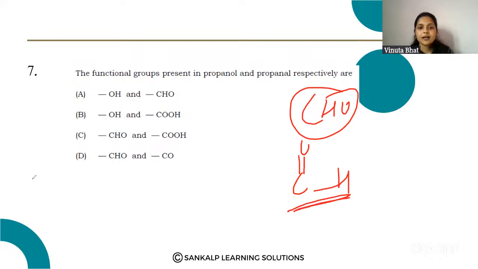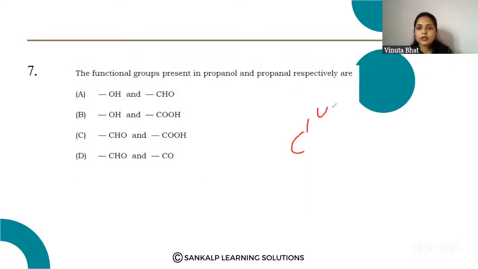If the alcohol group is there, the OH group is directly attached here. So propanol means OH group, propanal means aldehyde group. Okay. Sorry for the wrong information. Please change it once again. Option A is the correct answer. That is OH and the CHO.